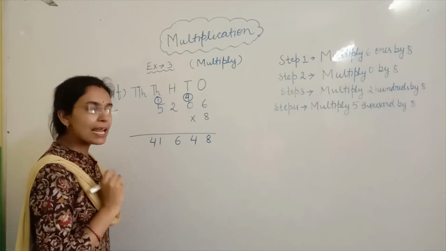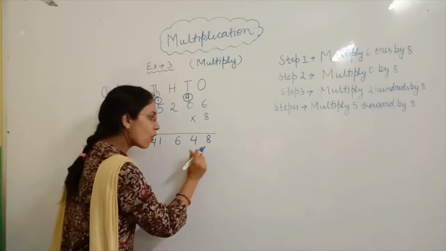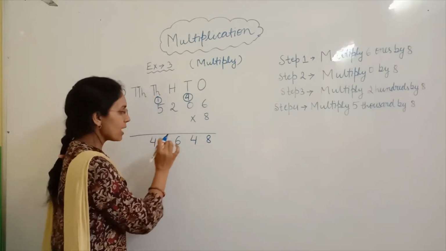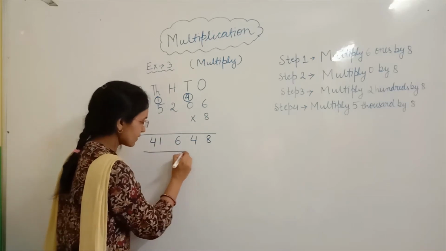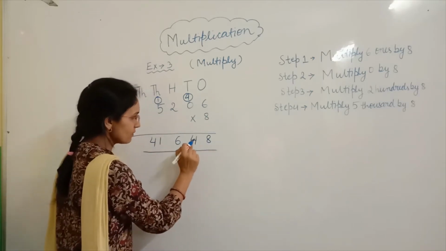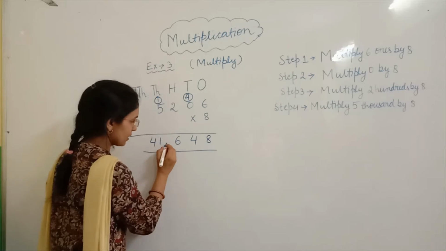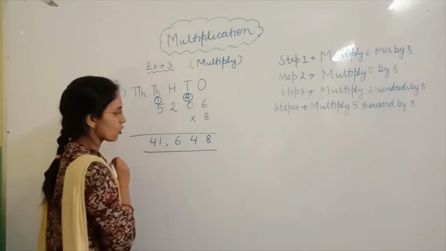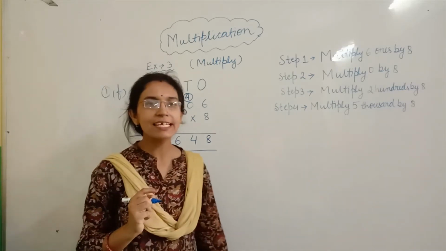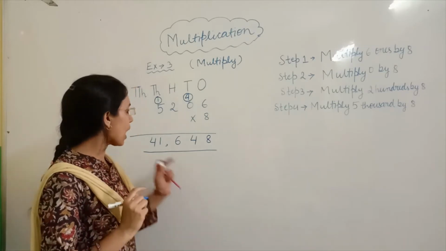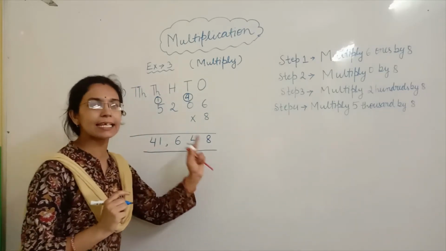Now children, we will always write the commas according to the place. Just see. Ones, tens, hundreds. We'll put a comma. Then it is very easy to understand how to write the number in a clear way.